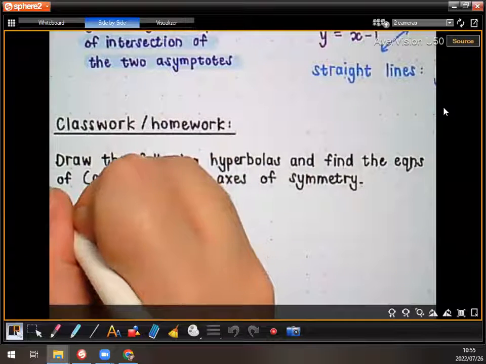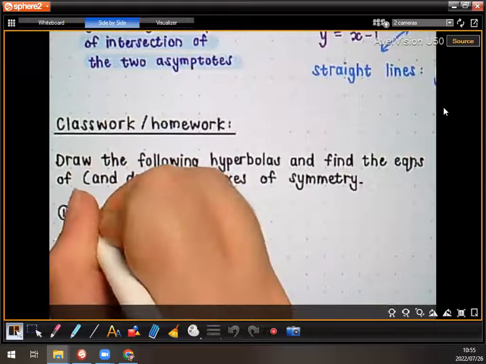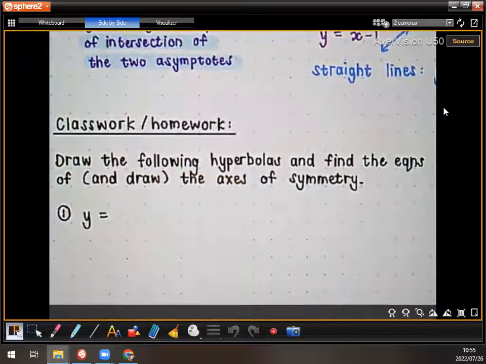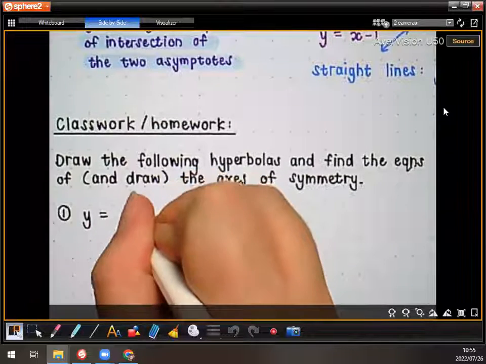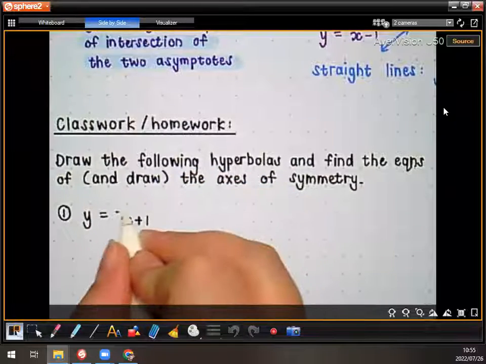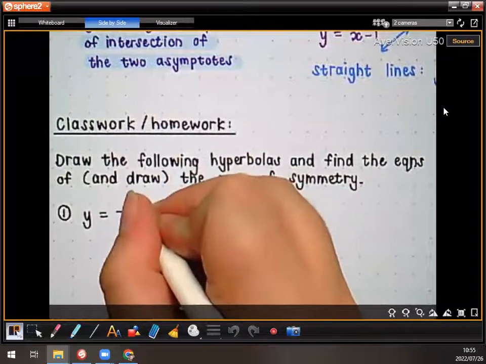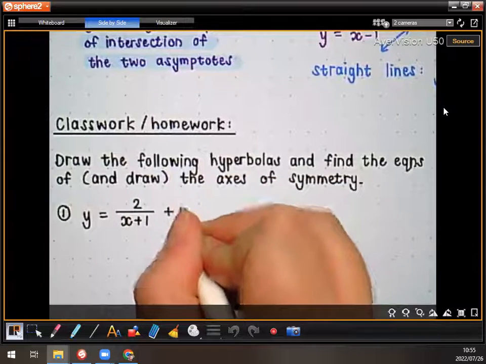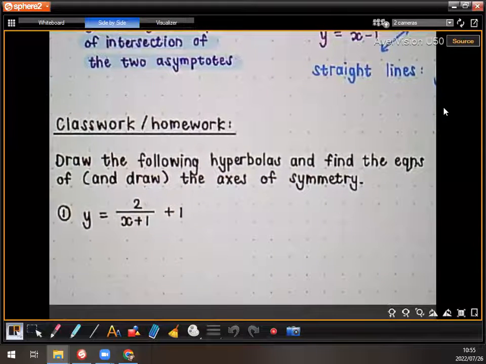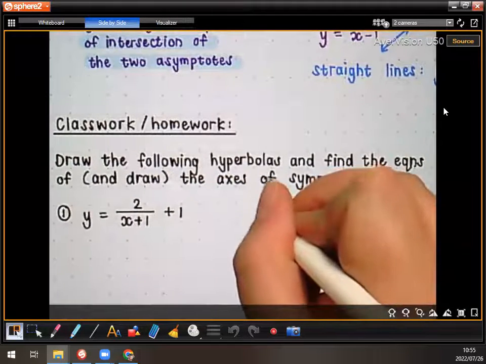Okay, so the first one is the first equation, and then the second one.